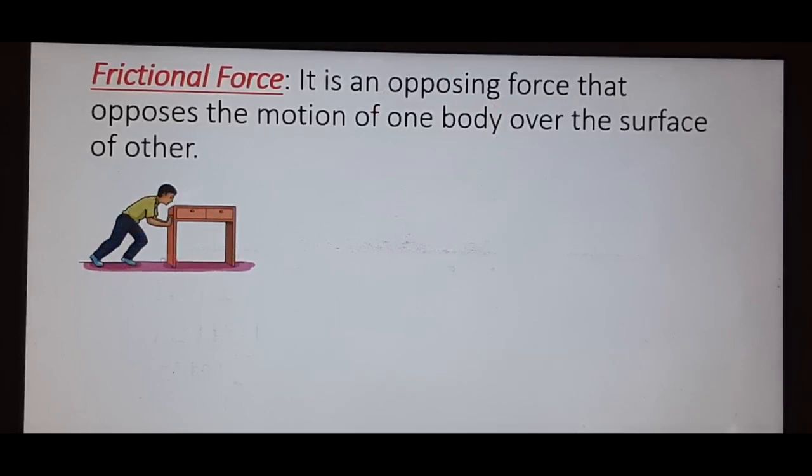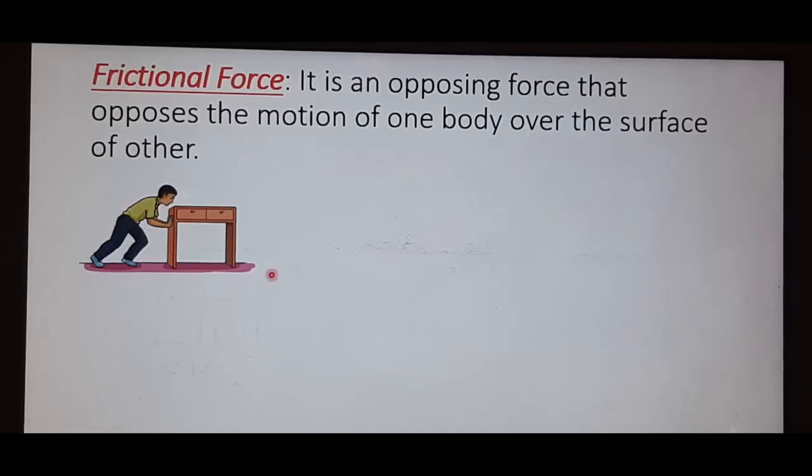See, in the first example, this boy is trying to push this table, but the table is not able to move forward because it's very heavy, and moreover this rough surface, a rough surface will always provide friction. This rough surface provides friction to this table, due to which it's not able to move.